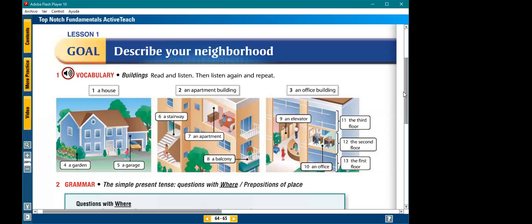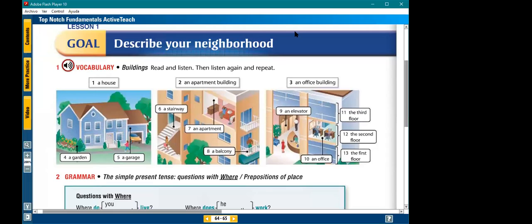Page 64. Exercise 1. Vocabulary. Buildings.